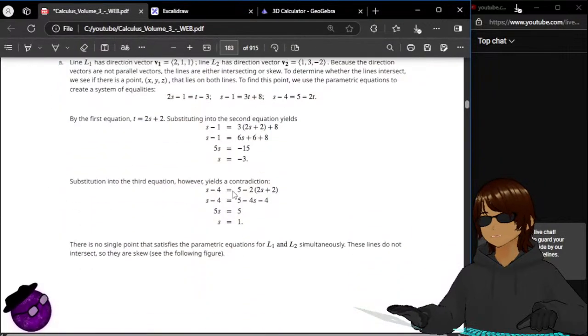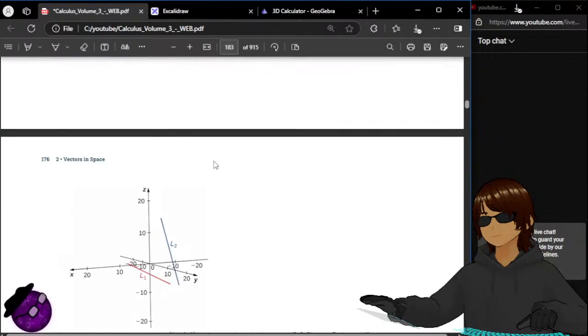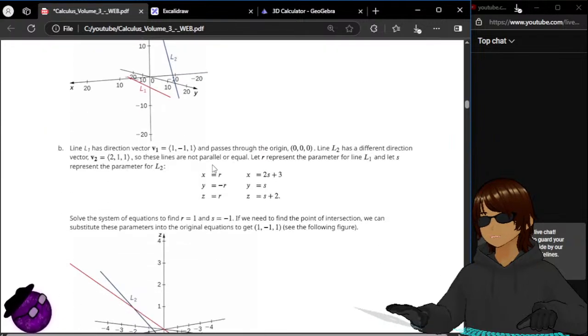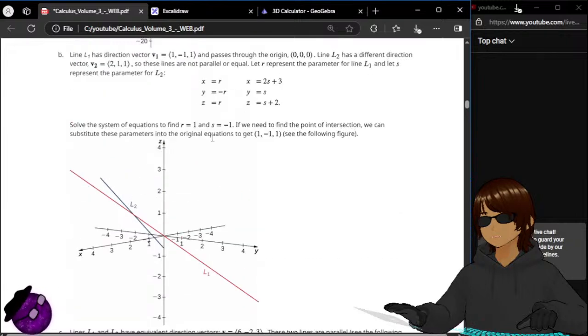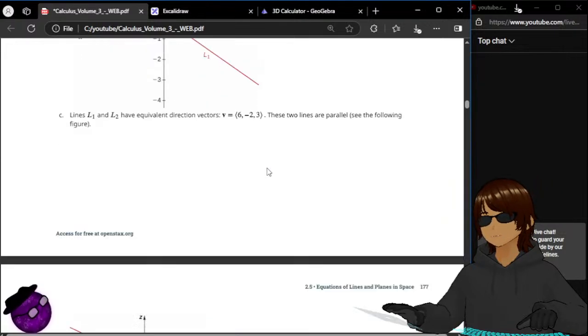Right? So for B, yeah, they intersect at (1, -1, 1). Sometimes it's hard to tell whether the lines are coming forward or going backward.